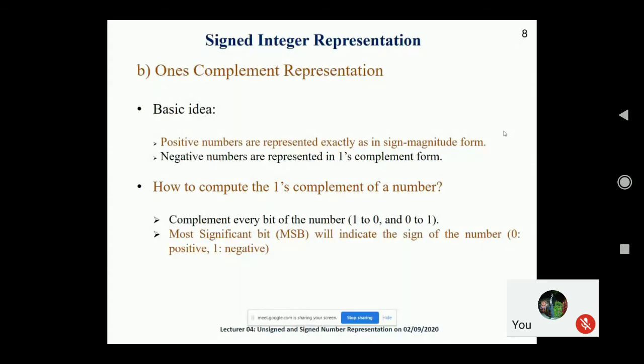So, ones complement representation. What is the basic idea? The basic idea is that if the number is positive, it is exactly the same as in sign magnitude form.